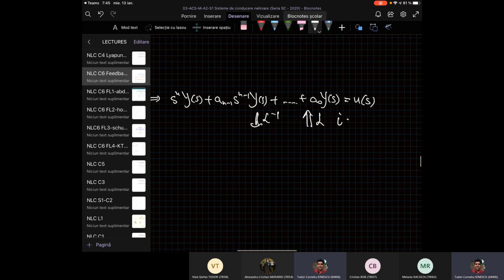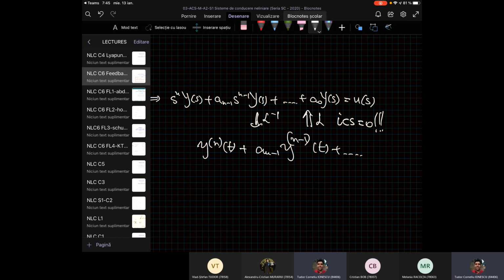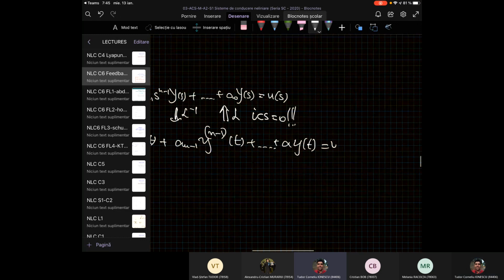Initial conditions, this is in English, initial conditions 0. Okay. This is y^(n)(t) plus a_{n-1} times the time derivative of order n-1 of y(t) plus ... plus a_0 y(t) equals u(t). You remember that? Laplace transform and Laplace inverse. True?